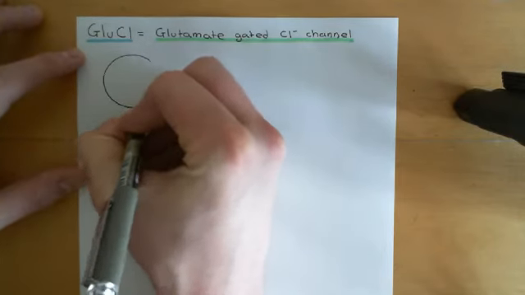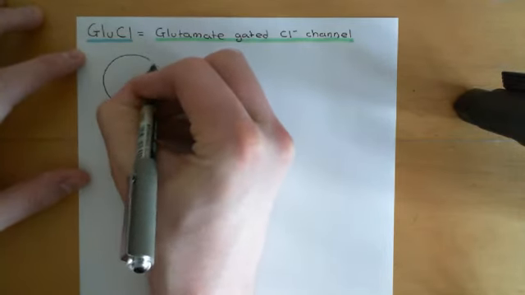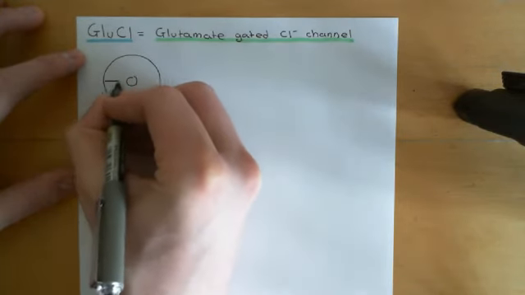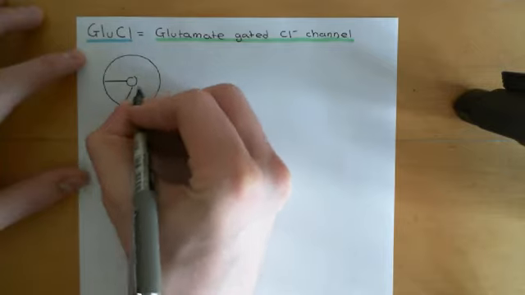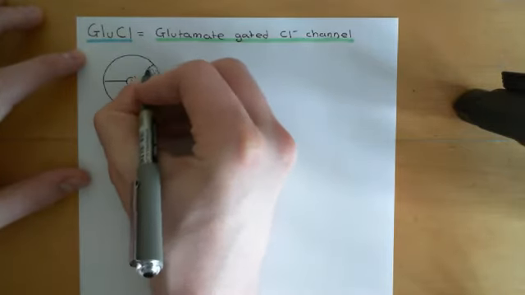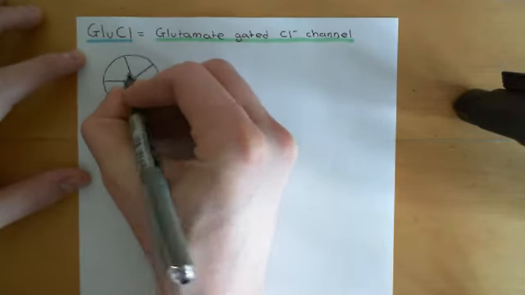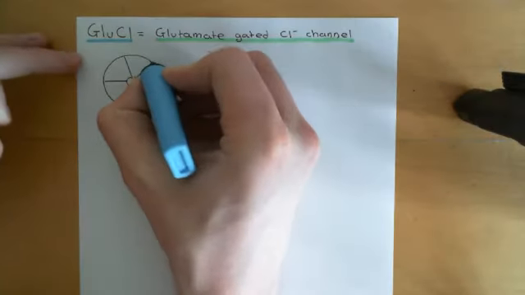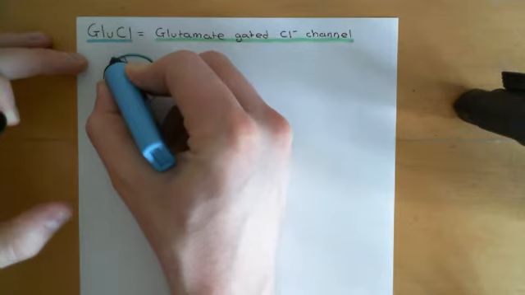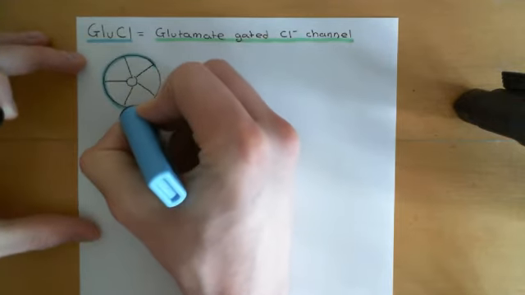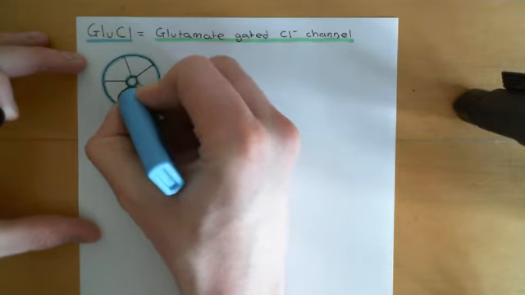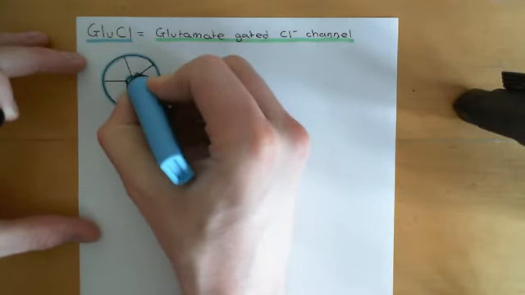It is literally just a homopentamer of 5 identical subunits, which are all GluCl subunits. If I draw a picture of it, all of these 5 subunits that build the GluCl channel are identical, and there's only one subunit that you can use to build it, therefore there is just one GluCl channel.